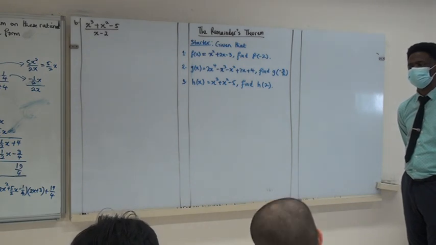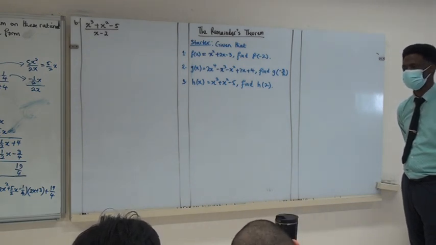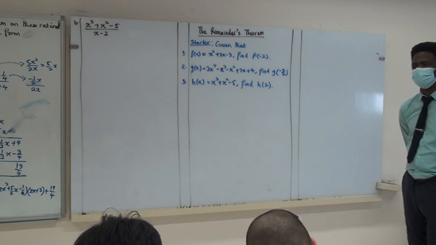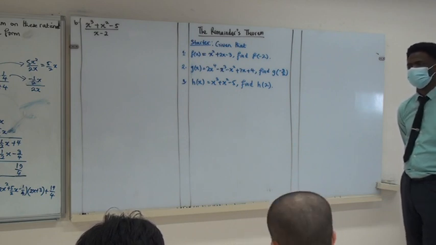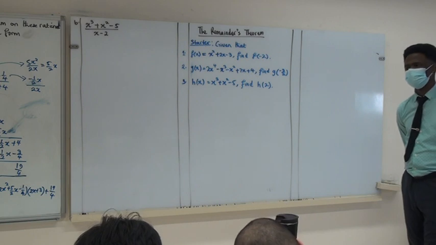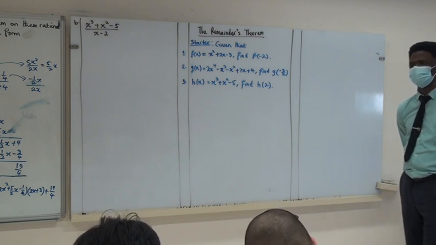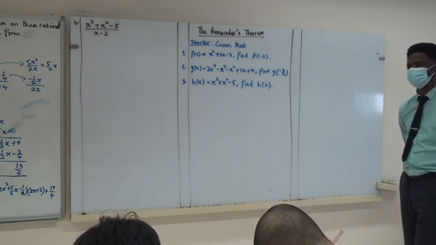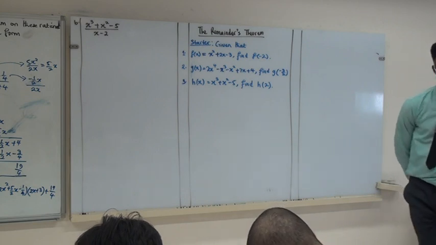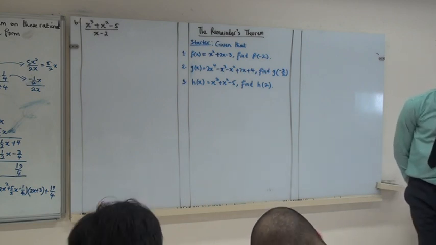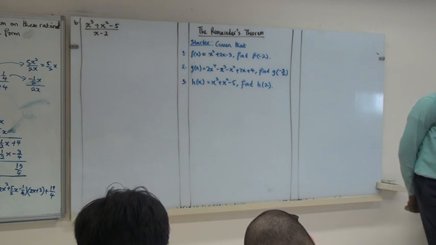Tomorrow we'll do the factor theorem and factorization of polynomials. After that we'll talk about zeros and roots, then sum and products of roots of a polynomial. Are you done?